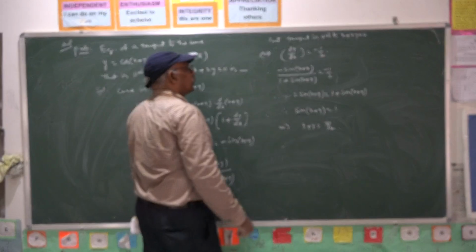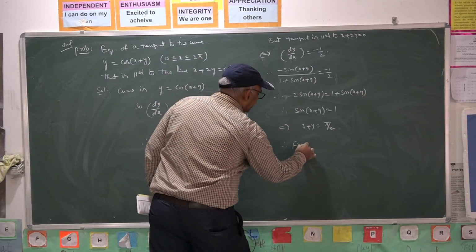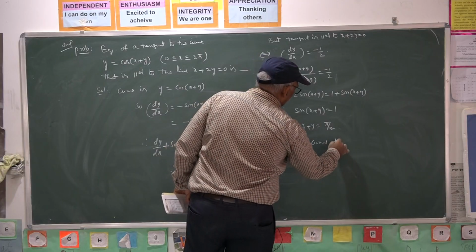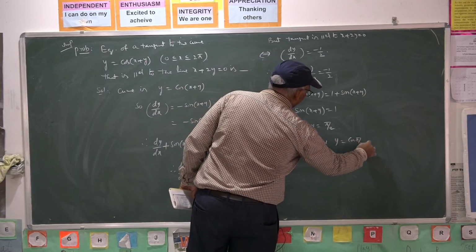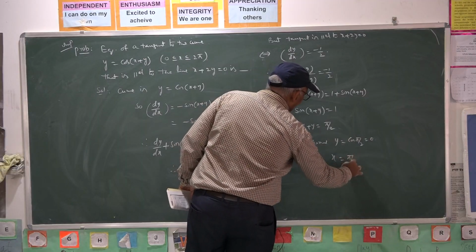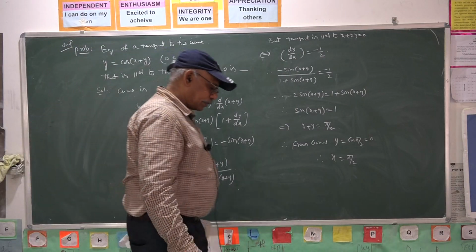So from the curve y equal to cos pi by 2, that is 0. Therefore, x takes the value pi by 2 itself. So the required point is here, pi by 2 comma 0.